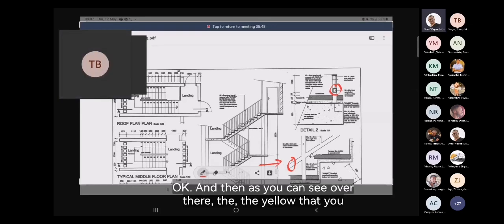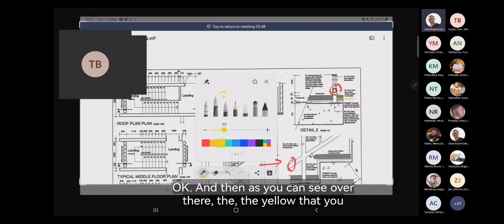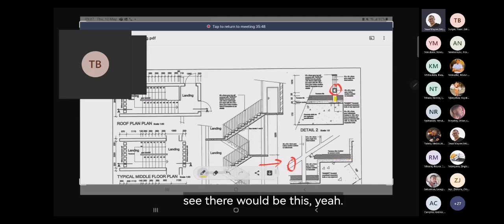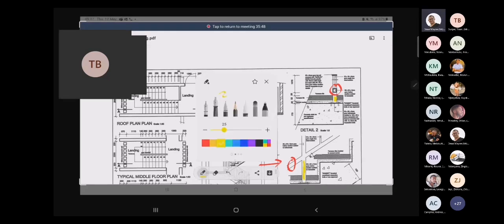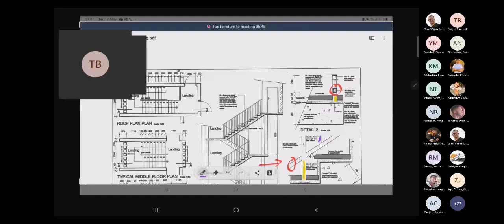Okay, and then as you can see over there, the yellow would be this here. And then going further, changing color, this would be that line down. Okay, we got there.